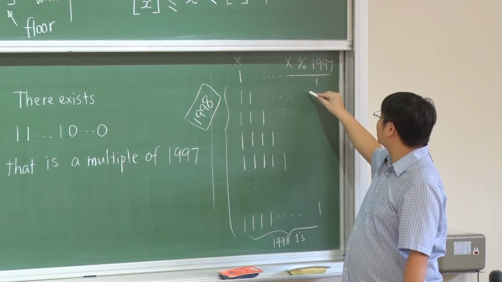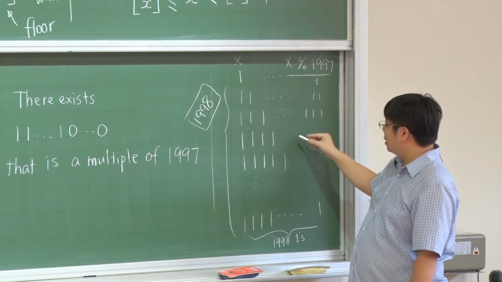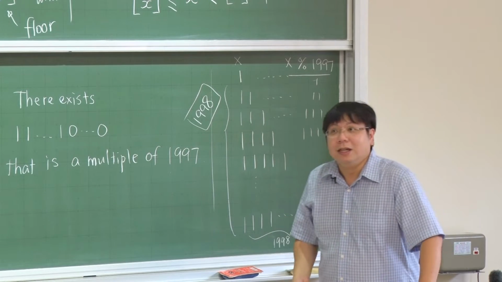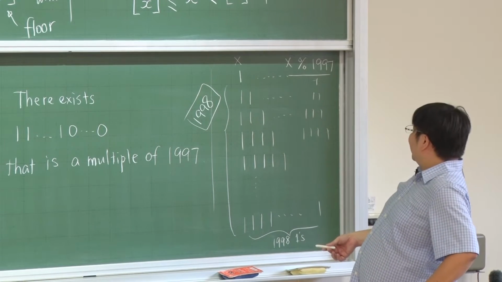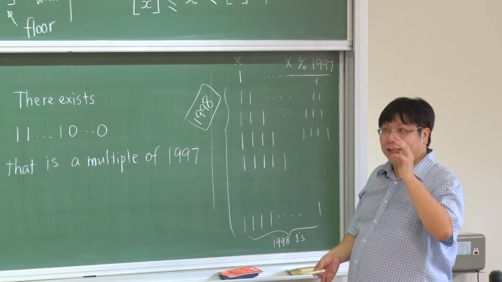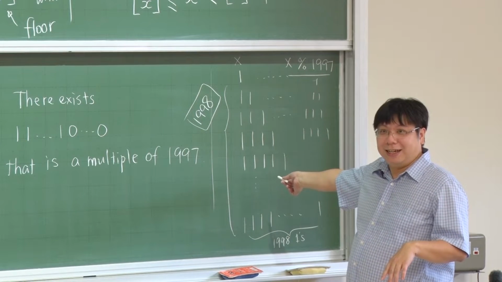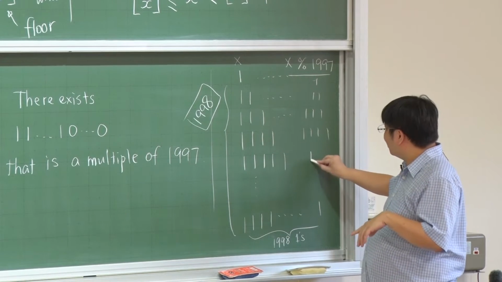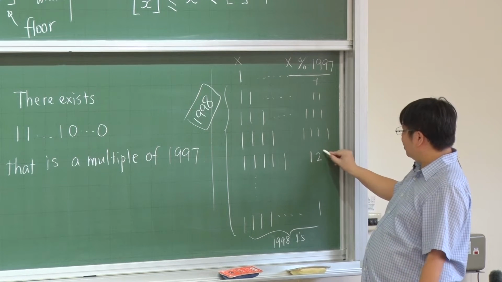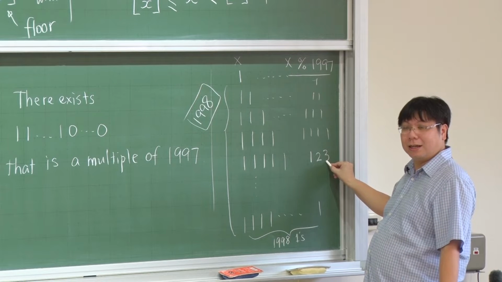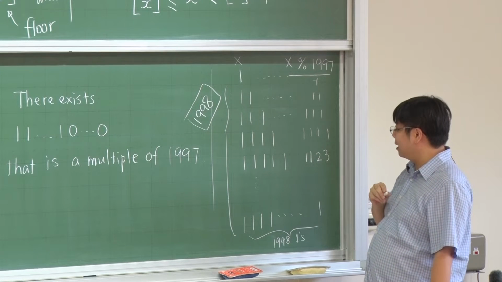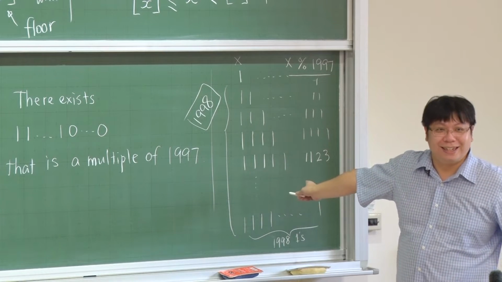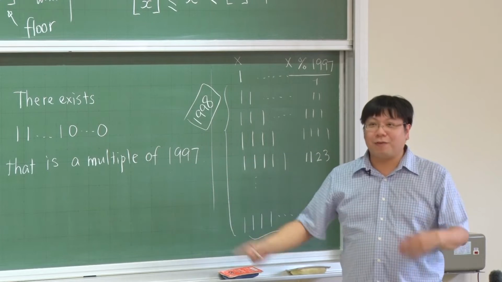So this is 1, this is 11, this is 111, this is 1111, and then this one, I don't know, what is it going to be? Does anyone have a calculator? 1997 is like 2,000.